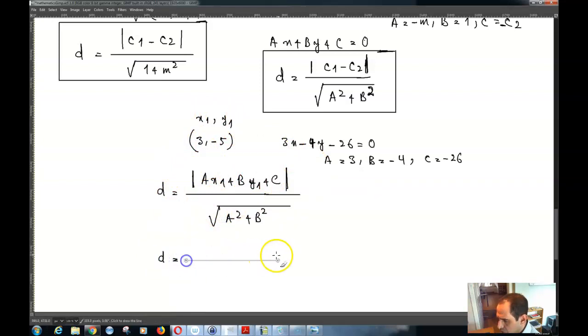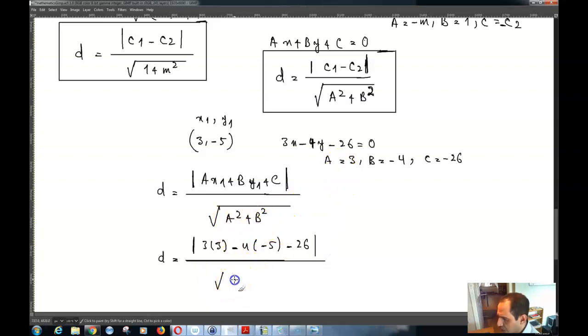So d is equal to the absolute value of a times x1, which is 3 times 3, plus b, which is -4, times y1, which is -5, plus c, which is -26, over the square root of a squared plus b squared.